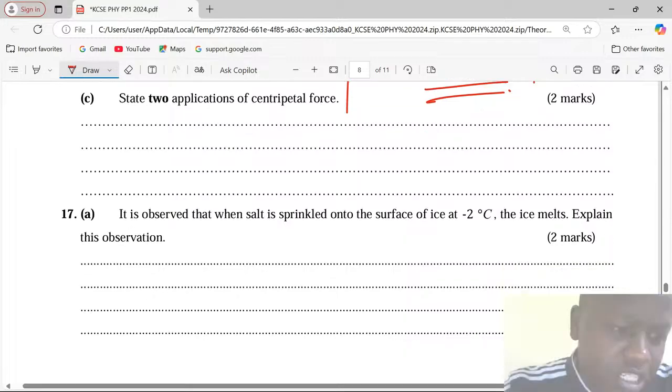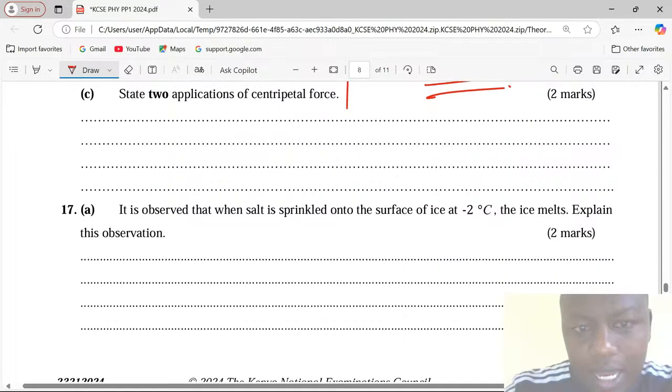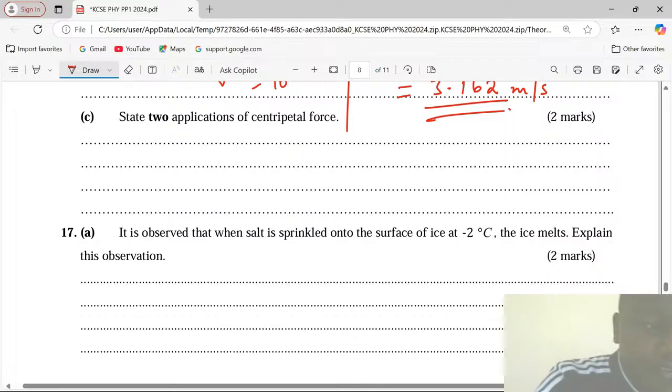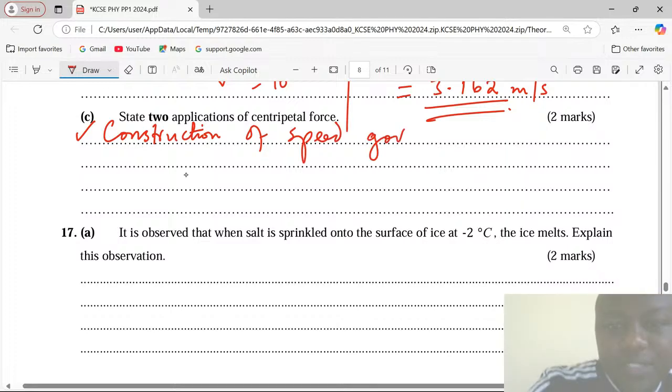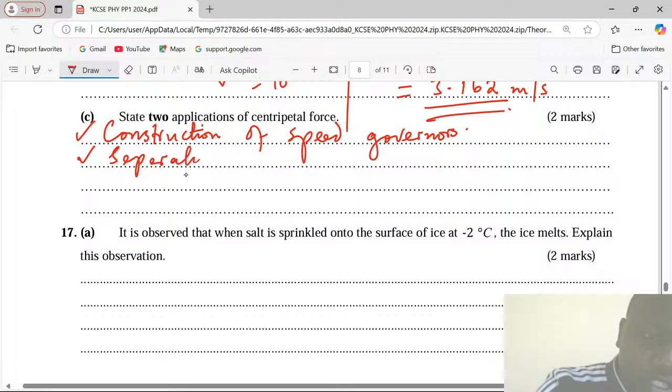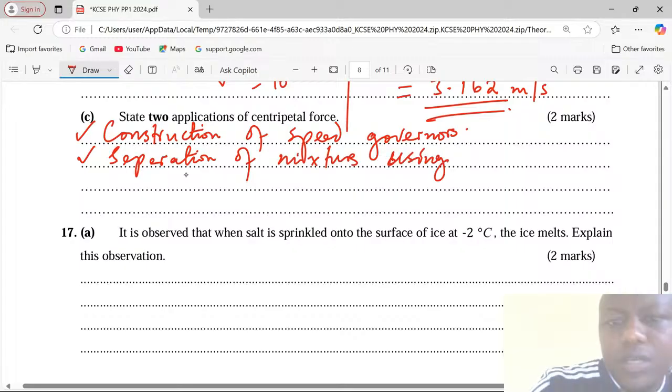State two applications of centripetal force. These ones are widely applied in real life situations. Construction of speed governors. We also have separation of mixtures using centrifuges.